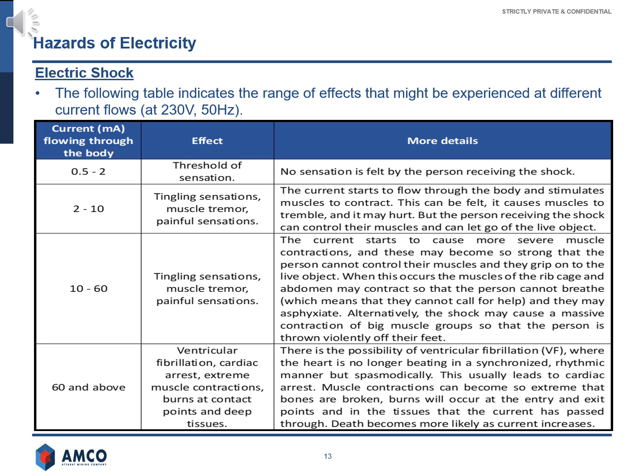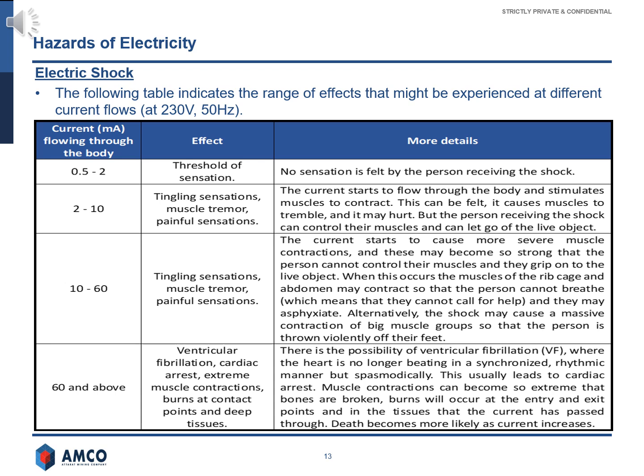2 to 10 mA. In this range, the current can cause a painful shock and muscle contractions. You might still be able to let go of the source of the current, but it can be quite uncomfortable. This is sometimes called the let-go threshold. 10 to 60 mA. Currents in this range can cause severe pain, muscle contractions, and difficulty breathing.